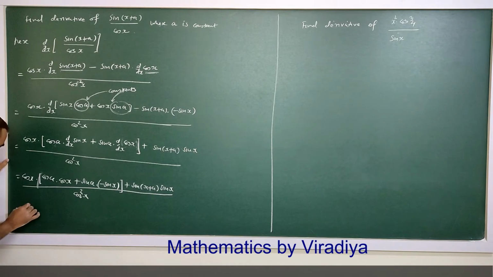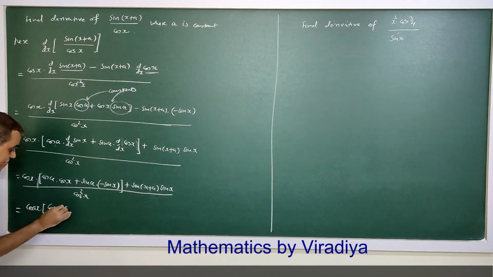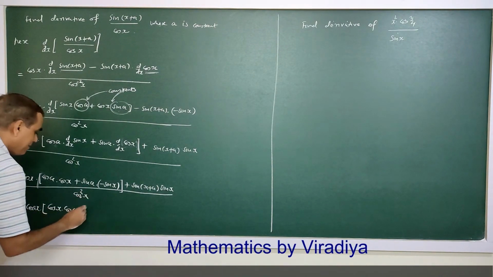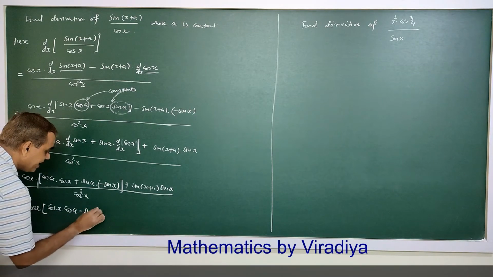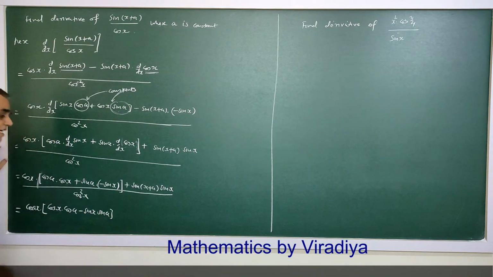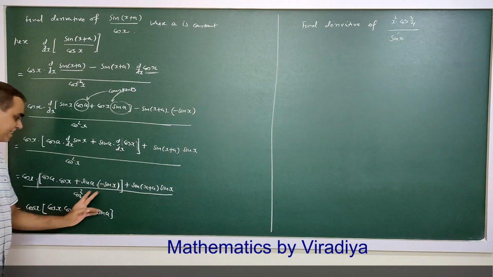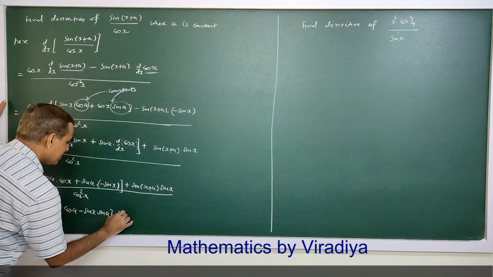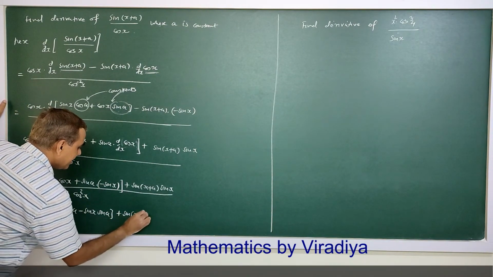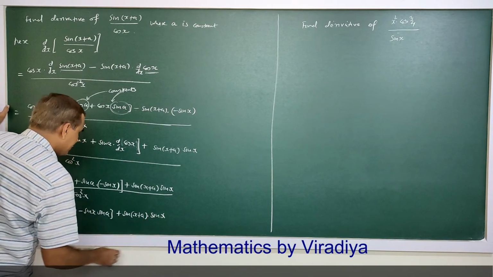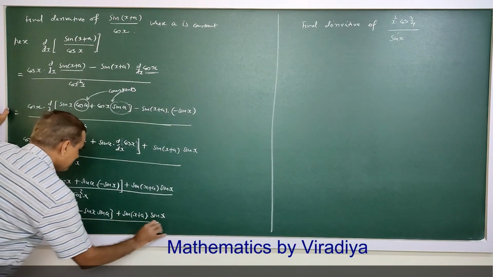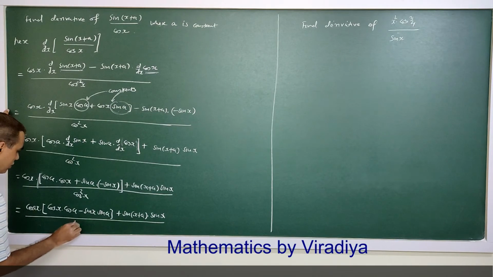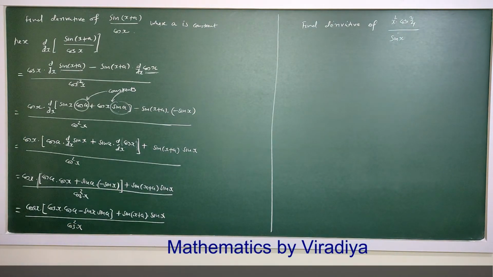Now this is cos x into, now look, it is cos x cos a. Now I am rearranging cos x cos a minus sin x sin a, plus sin of x plus a into sin x upon cos square x. Now see what is it?